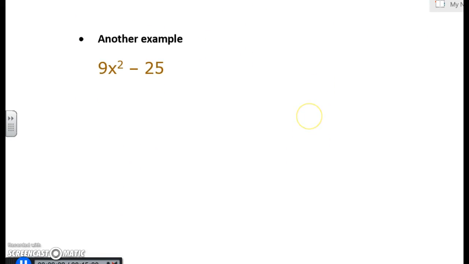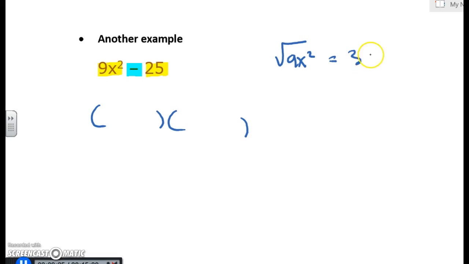Okay. Do your checks. I have two perfect squares, 9x squared and 25, and there is a difference here, a minus sign between them, so I can use this difference of squares method. So I'll start with my brackets, and I'll take the square root of 9x squared to get 3x.